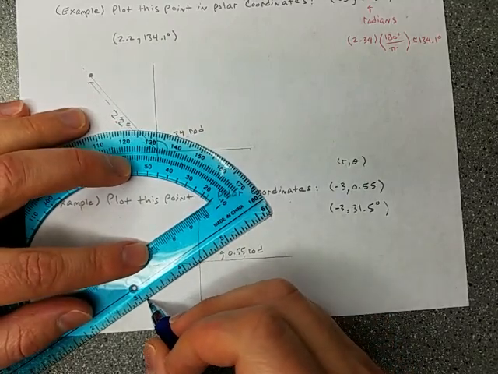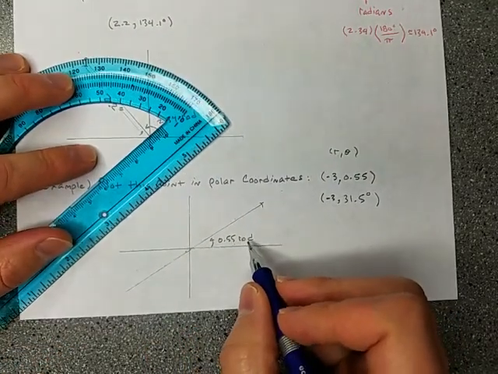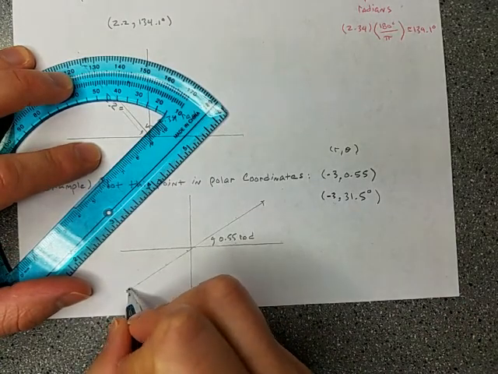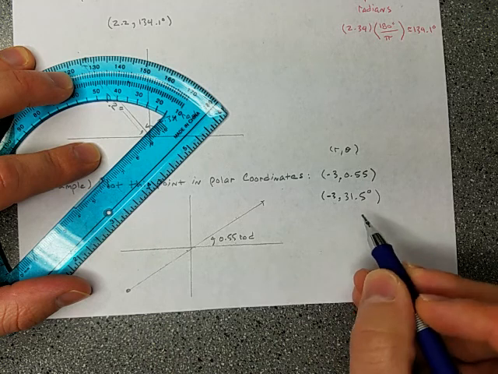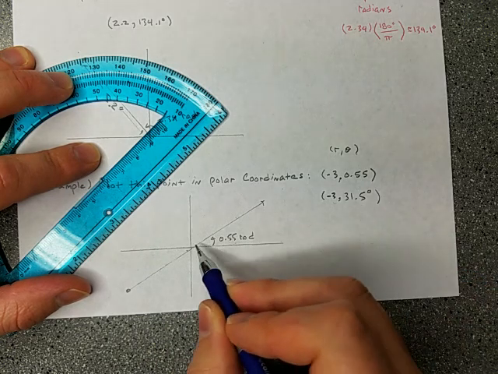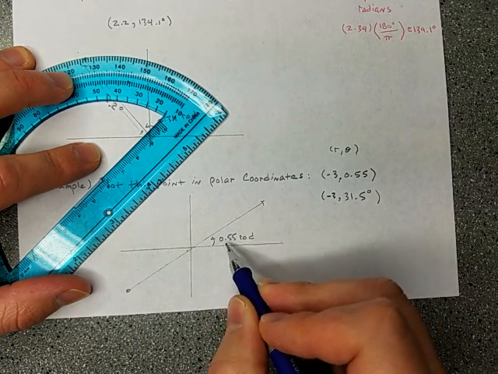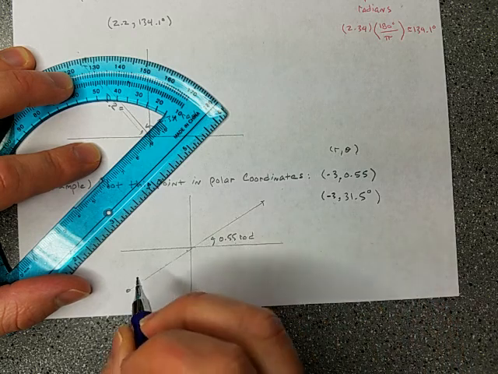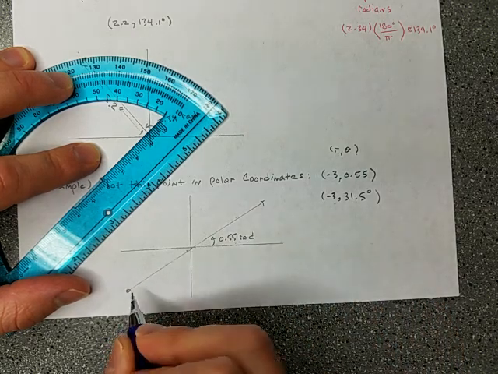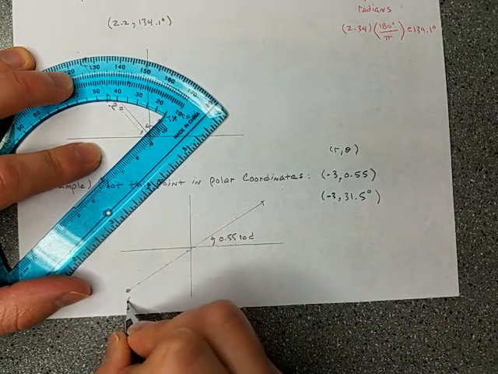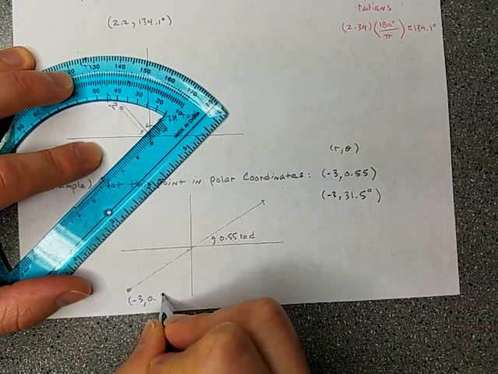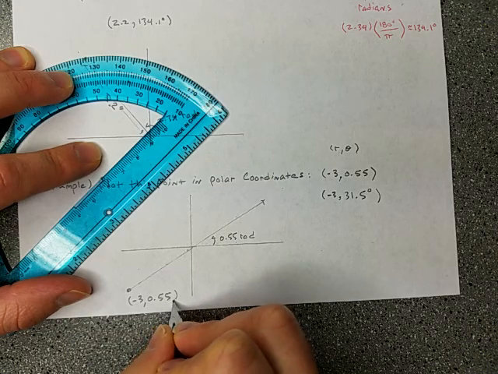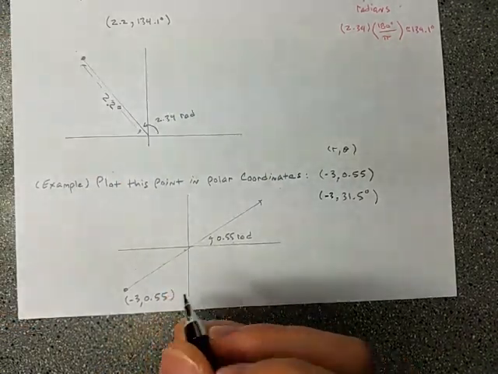So here I'm not actually going to measure it. I did measure the angle, but let's say going out this way, it turns out, okay? The opposite direction of 31.5 degrees, you're looking at it right there. There's about 31.5 degrees. Well, that would be out here. Take me into quadrant 3. So here's my point, negative 3 and 0.55 radians. That's where that point would be in polar coordinates.